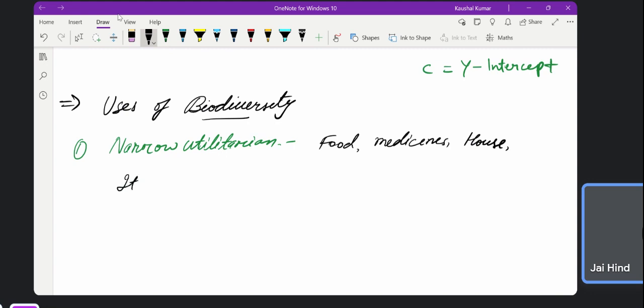And the most important thing, not in the narrow utilitarian only, you will write this separately: it will balance the ecosystem. If we are talking about balancing of the ecosystem, we already discussed that the ecosystem services will come.